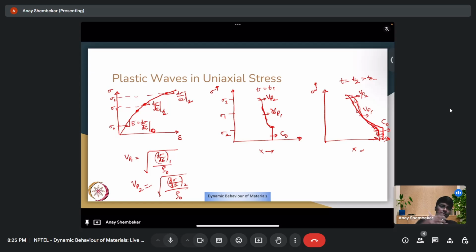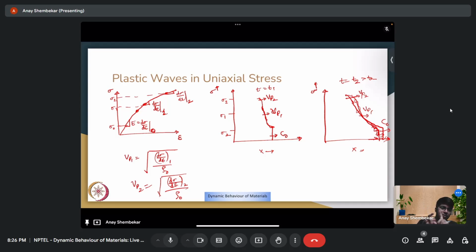So the stress profile will be spread out more once you go into the plastic regime, and within that stress itself, you could have different components moving at different speeds depending on what the particular tangent modulus dσ/dε looks like at that particular stress.